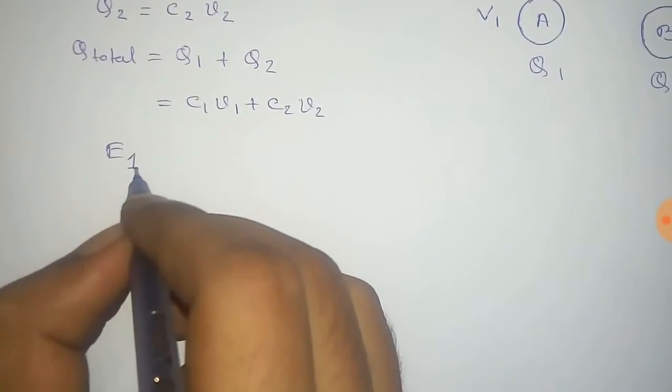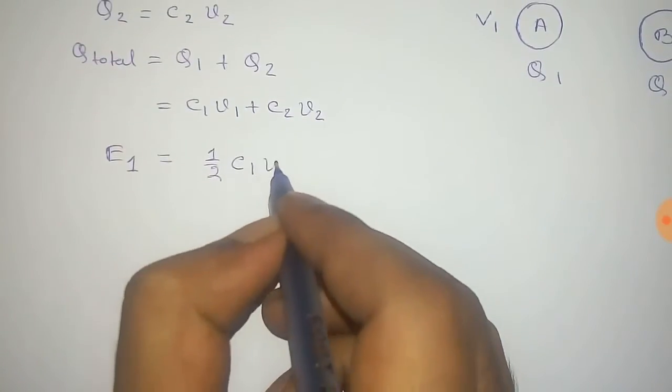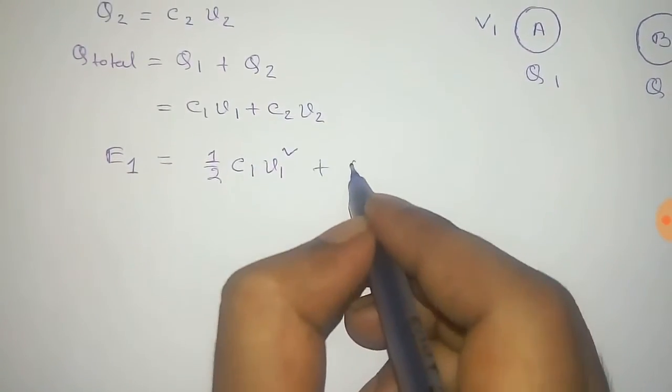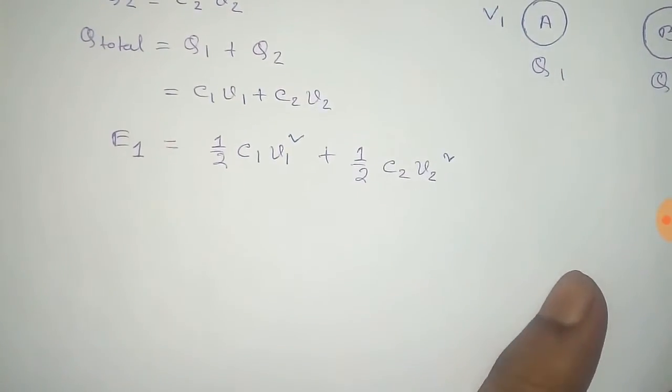Now the energy of these two conductors before we connect a wire between them would be half of C1 V1 square plus half of C2 V2 square.